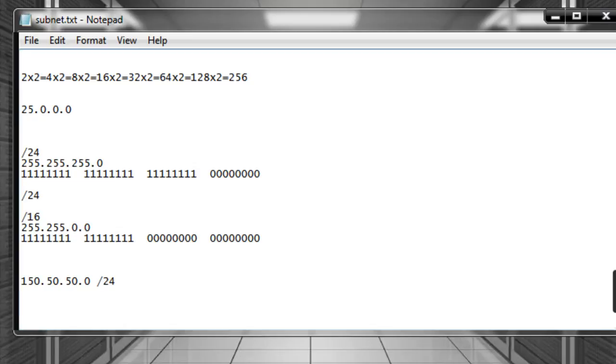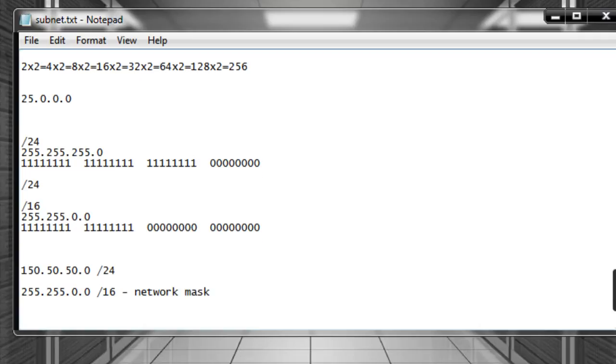And we know what the network mask is for this too, that's /16. So let's write this out in binary.